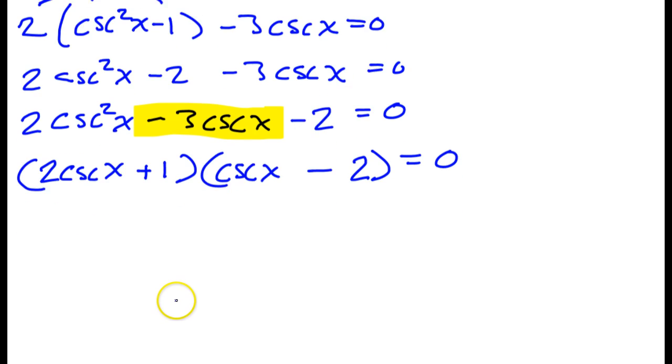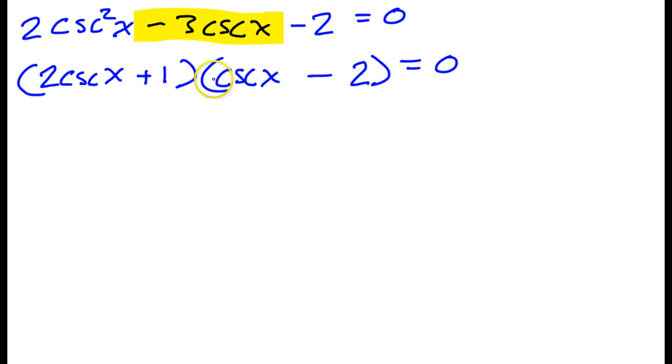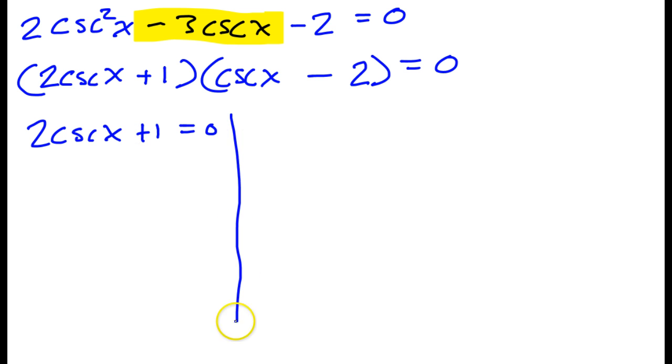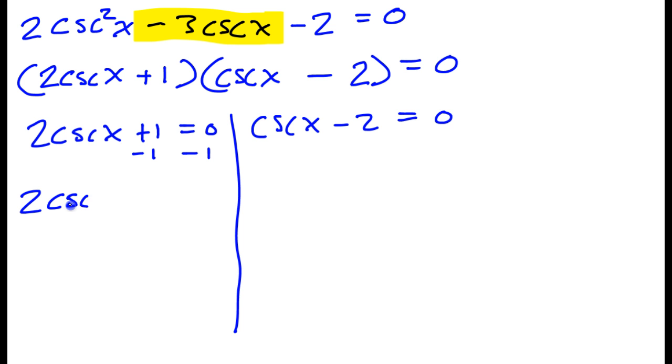So now I can continue by setting these factors equal to 0. So 2 cosecant x plus 1 is equal to 0. And cosecant x minus 2 is equal to 0. Subtracting 1 from both sides, so I have 2 cosecant x is equal to negative 1.